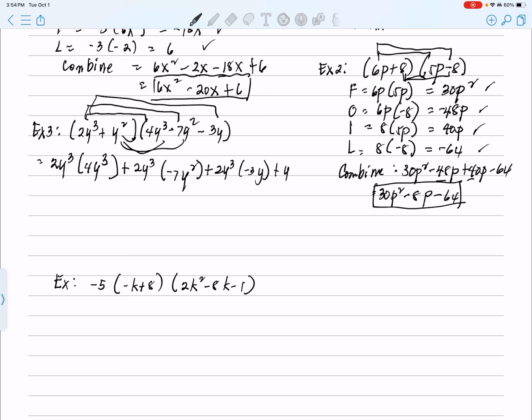Y squared times 4y to the third power, plus y squared times negative 7y squared, plus y squared times negative 3y.